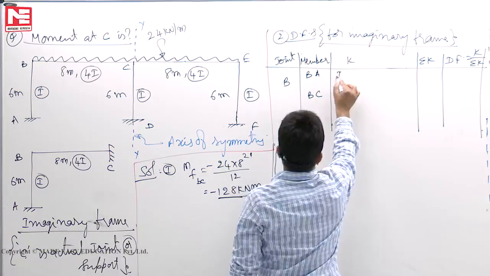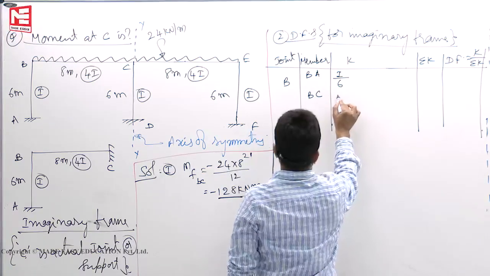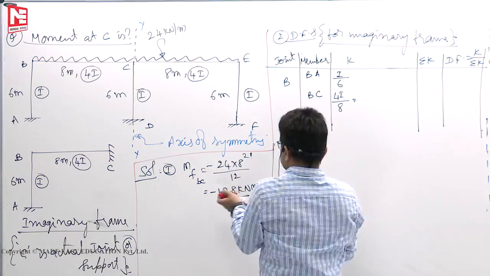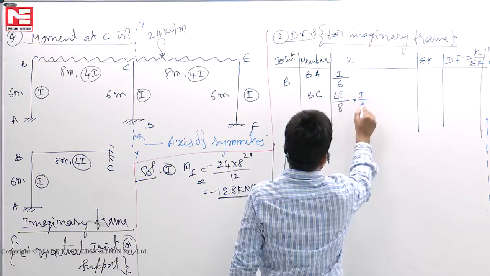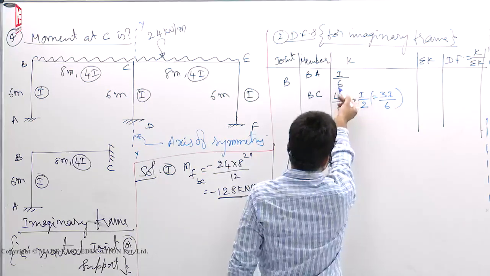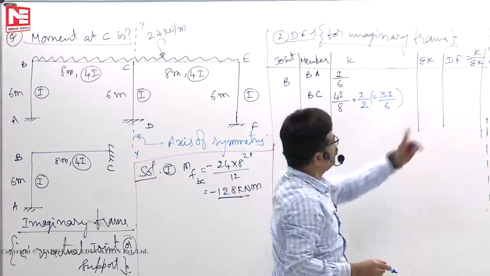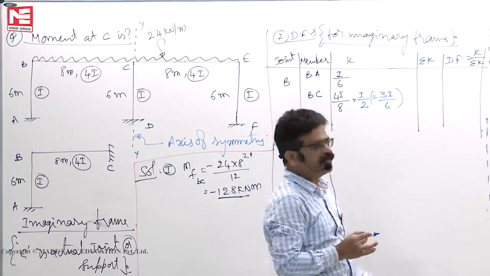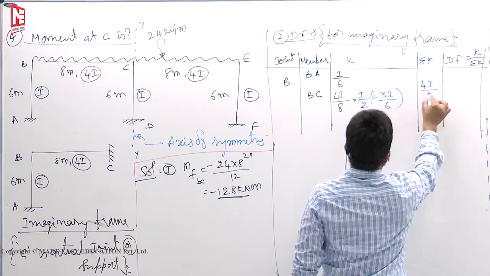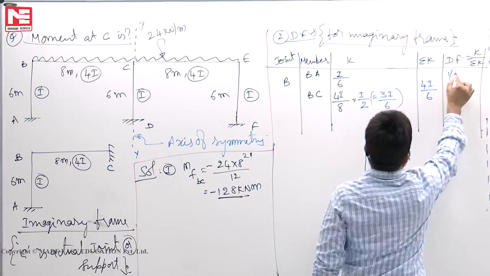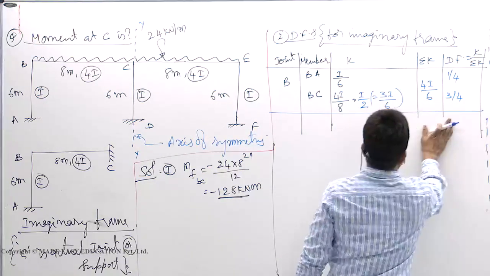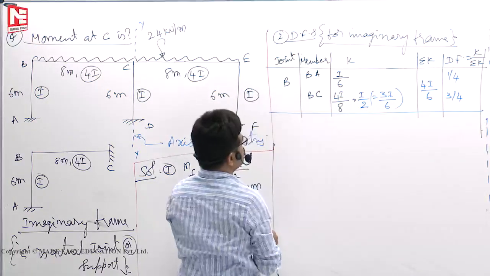So BA means I by 6, BC means 4I by 8. See, the two are different, so convert into the same value. 4I by 8, I can write as I by 2. I by 2, I can write as 3I by 6. Why so much pain? This denominator is 6, here it is 8. Make them tally so that you don't require a calculator to simplify. So 1 plus 3, 4. 4I by 6. So 1 by 4, and this is 3 by 4. Okay. So these are your distribution factors.